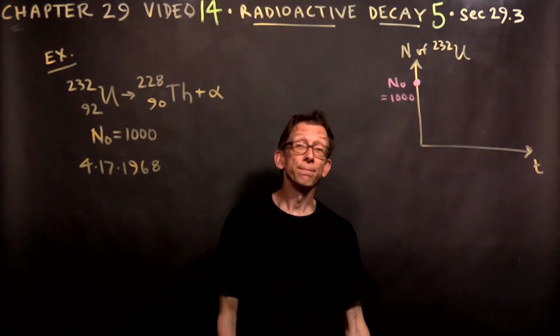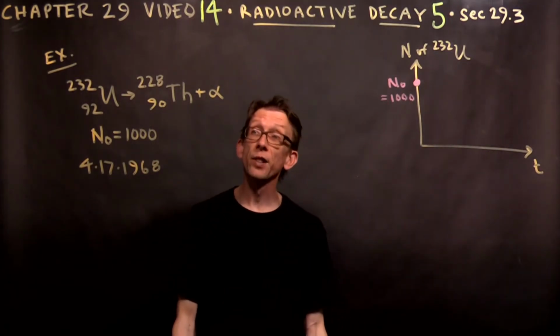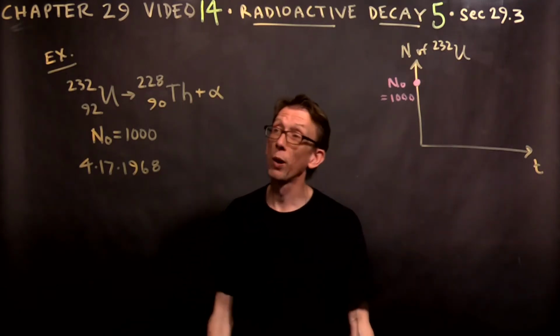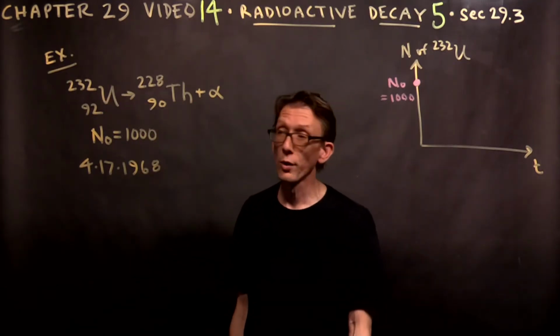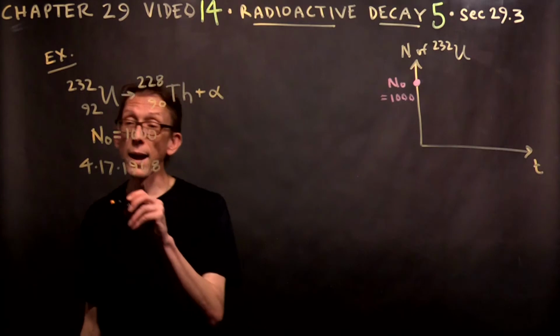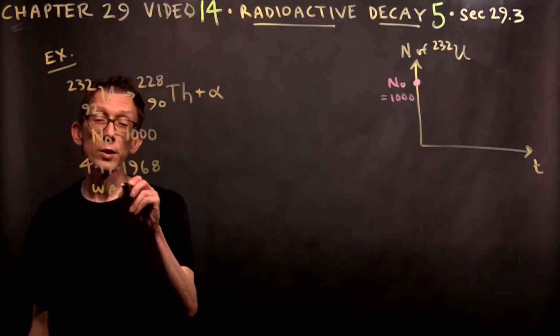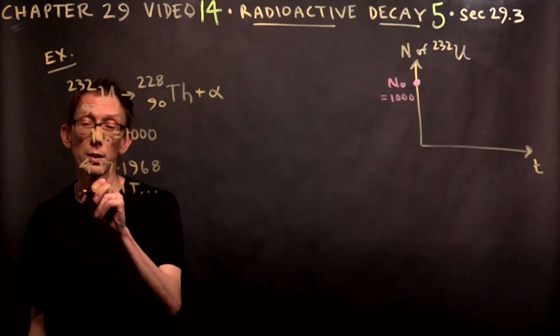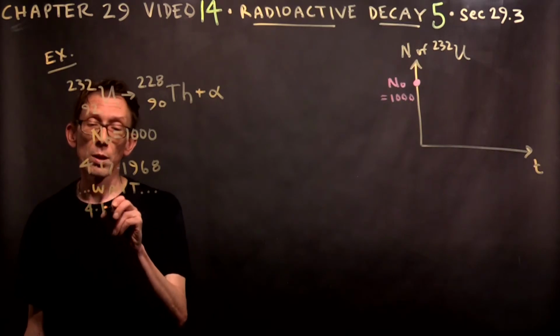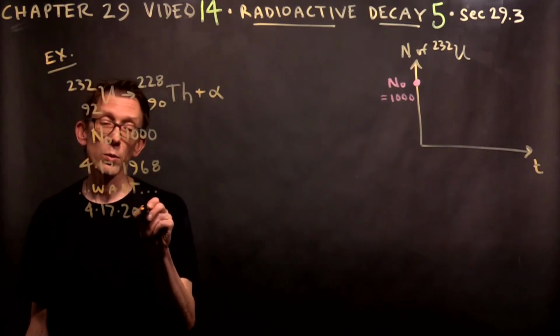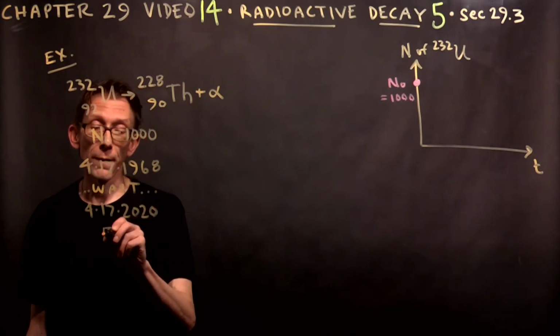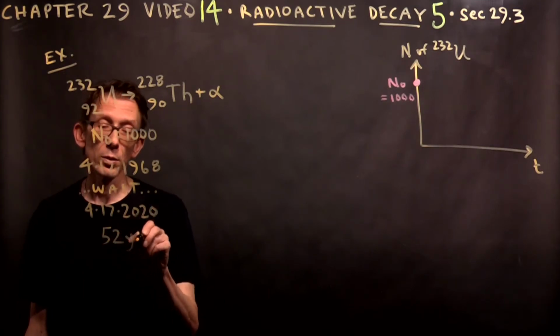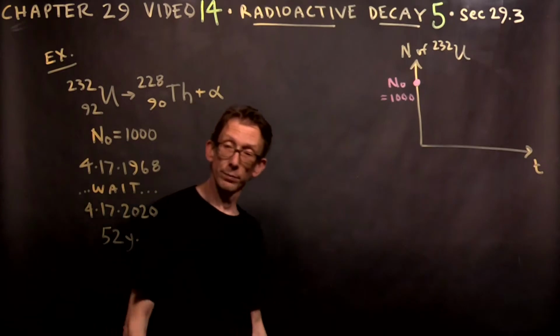It's 1968, April 17th, and we have 1,000 uranium-232 nuclei. Then we wait until last week, 4/17/2020, for a total of 52 years.